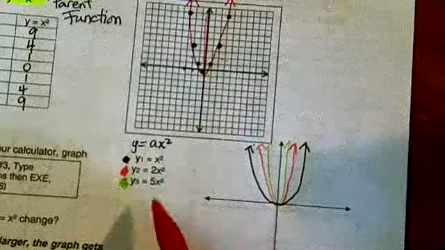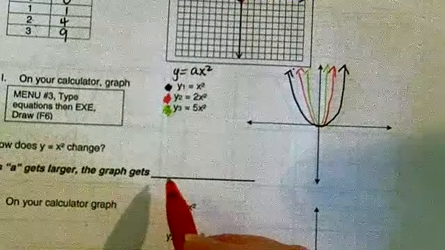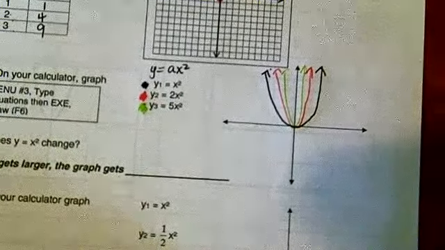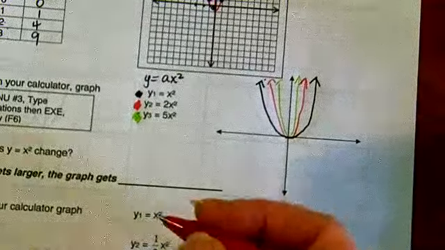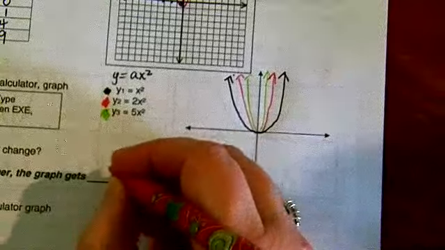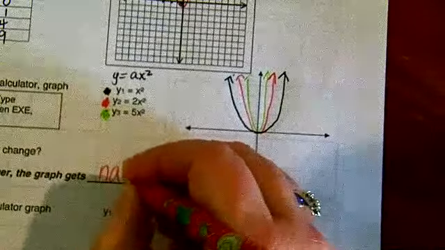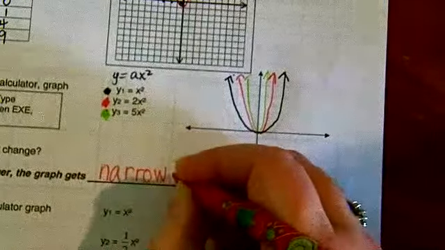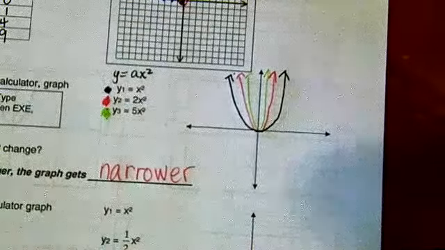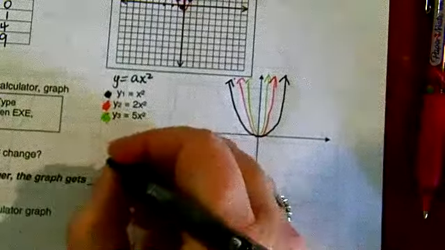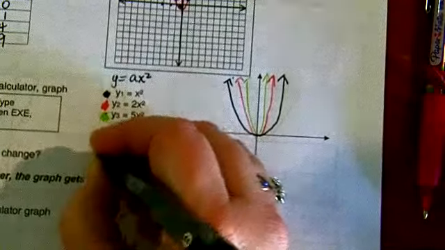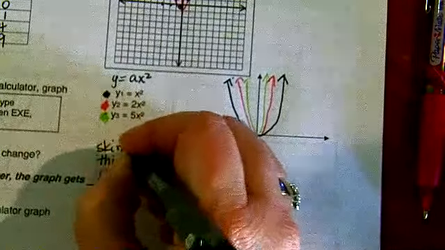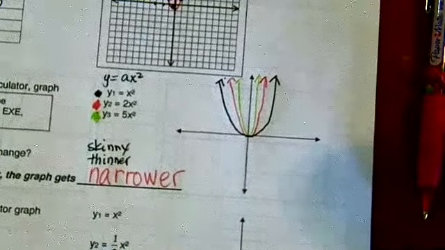As the A gets larger, the graph gets thinner, narrower, skinny. I'm going to use this word. This is the word I've seen most often on the STAR test, narrow, but it's thinner, skinny, however you want to think about it.